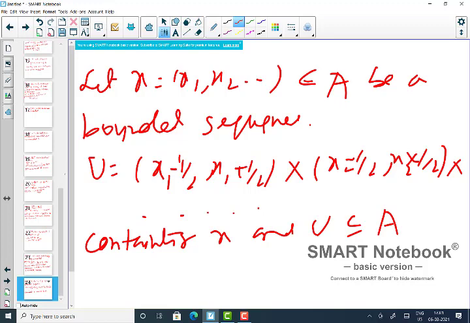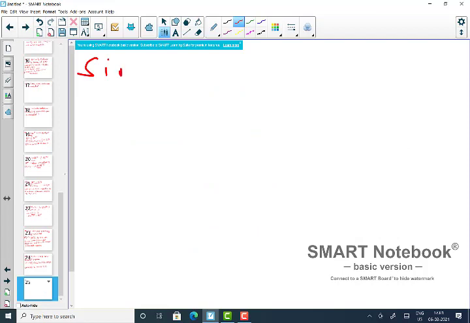And hence you can find a sequence of intervals which contains that point and which is unbounded, and this is a similar proof, right? So similarly B is also open.